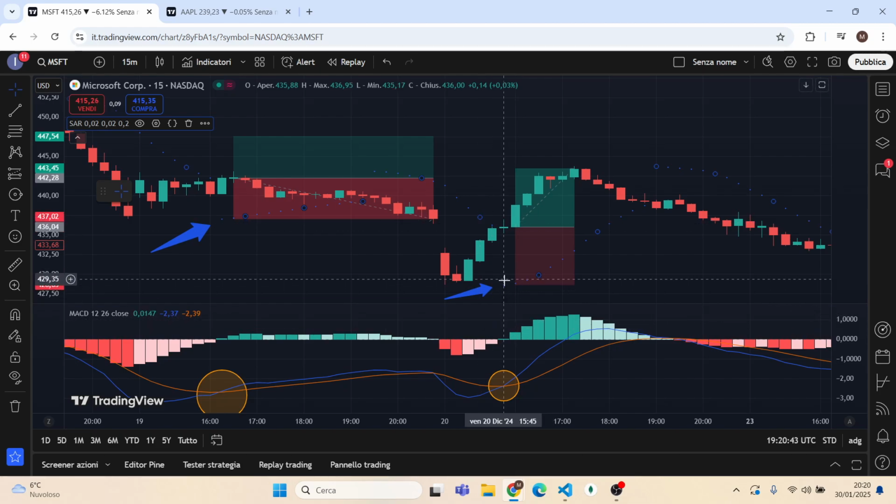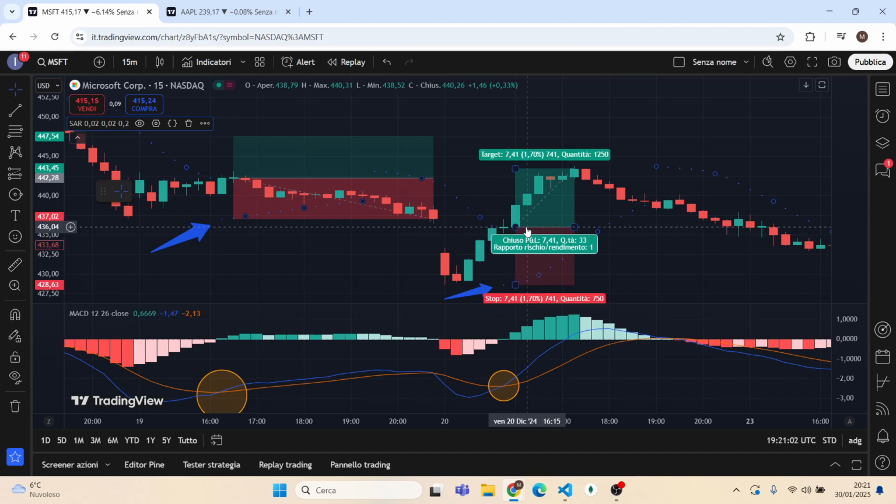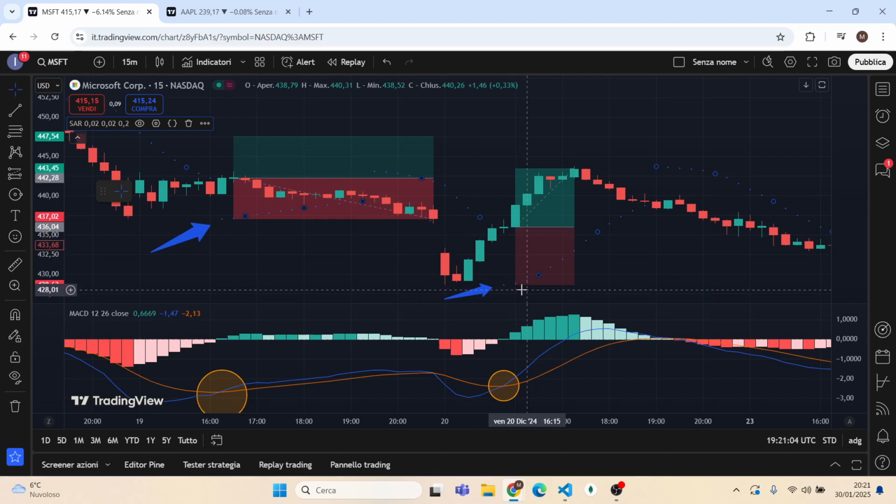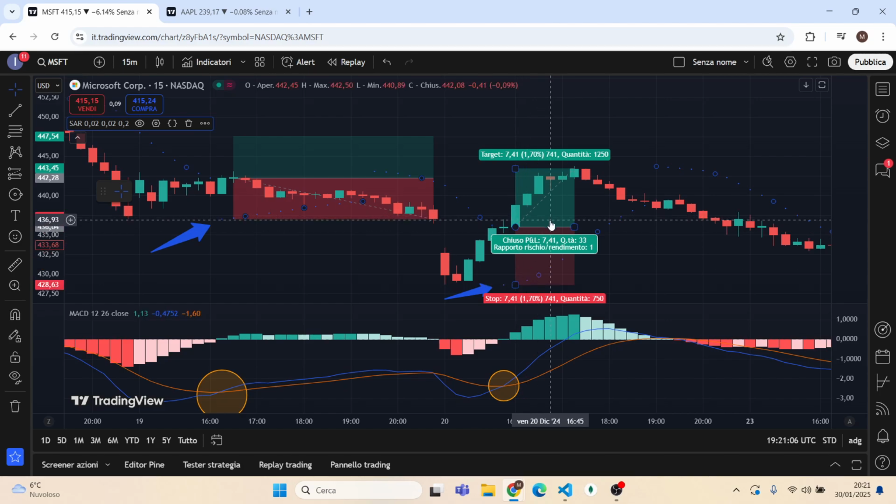And in the same candle, you should see a bullish MACD crossover, so the blue line goes above the red line. It can happen above the 0 line or below the 0 line, it doesn't matter. So as you can see, here there is the cross, and there is also the change in the blue dots, so you can now open your long position at the last close, setting your stop loss at the Parabolic SAR. As you can see, the risk to reward ratio is 1-to-1, and it would have been a success.